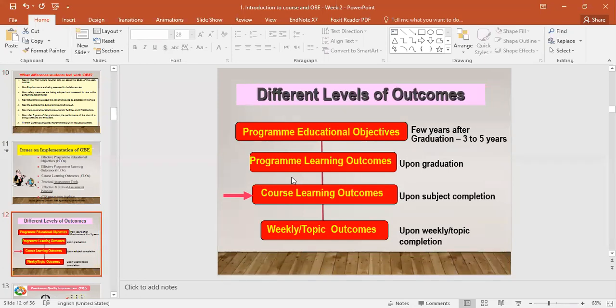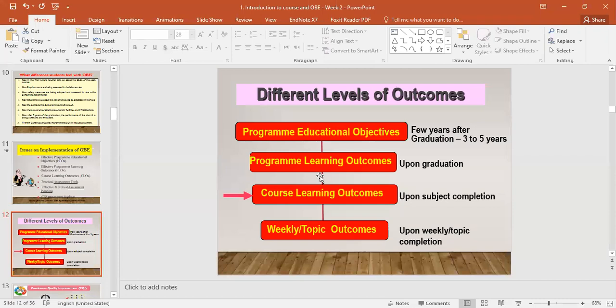You also need to learn this hierarchy. The first level of assessment is weekly or topic based outcomes. This week, for example, we are studying the introduction to the course, and as you know, we have also done the first two practicals. So this is our weekly outcome.